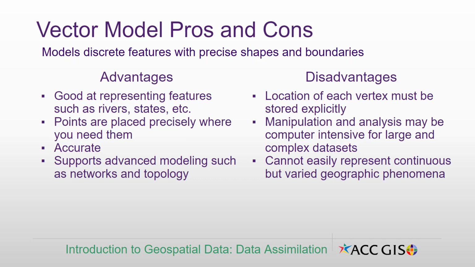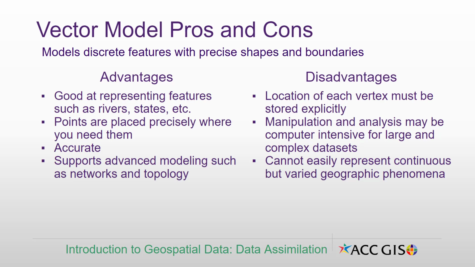Now, there are advantages and disadvantages to the vector model. The advantages are they're really great at representing discrete features like rivers and states. The points are placed precisely where you need them, and so they can be very accurate. The vector model also supports advanced modeling such as networks and topology.